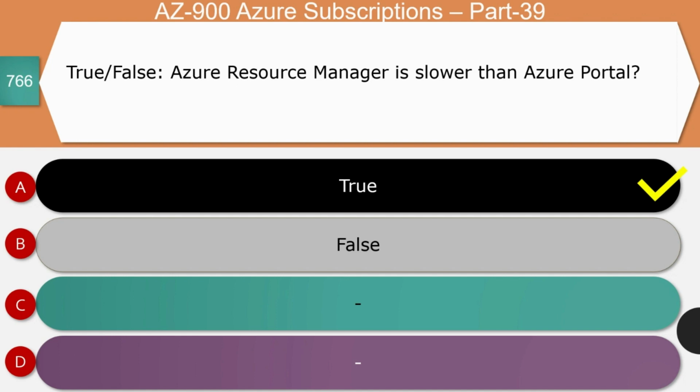Here, deployments using Azure Resource Manager can be slower than other methods such as the Azure portal. The reason being the scripts will be validated first and dependencies will be evaluated, whereas using the GUI of the Azure portal, you can do all such things very quickly compared to an Azure Resource Manager template.